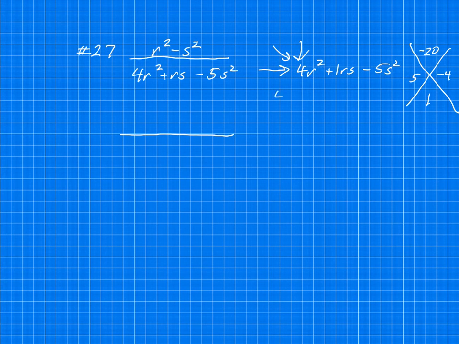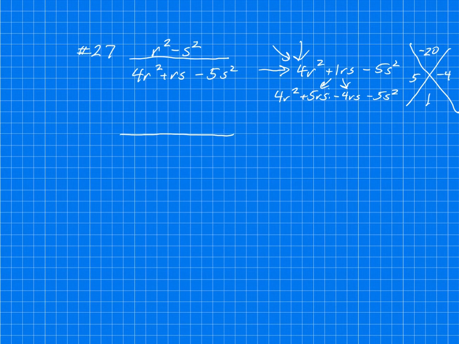So we split the term: 4r squared plus 5rs minus 4rs minus 5s squared. Again, 5rs and negative 4rs need to add up to that 1rs. So I'm going to go almost to the end here.